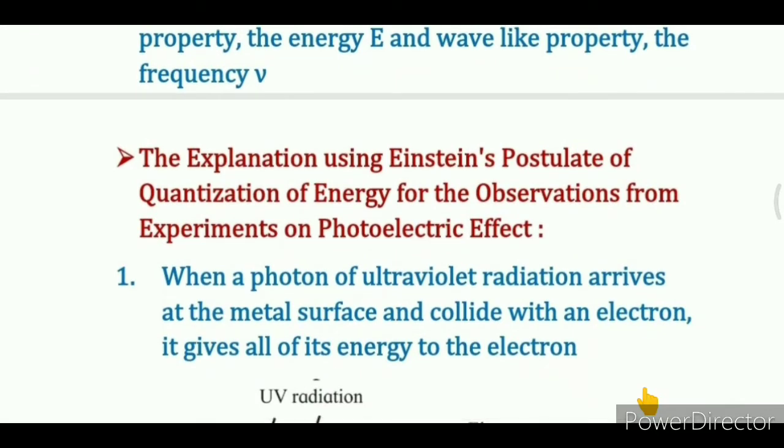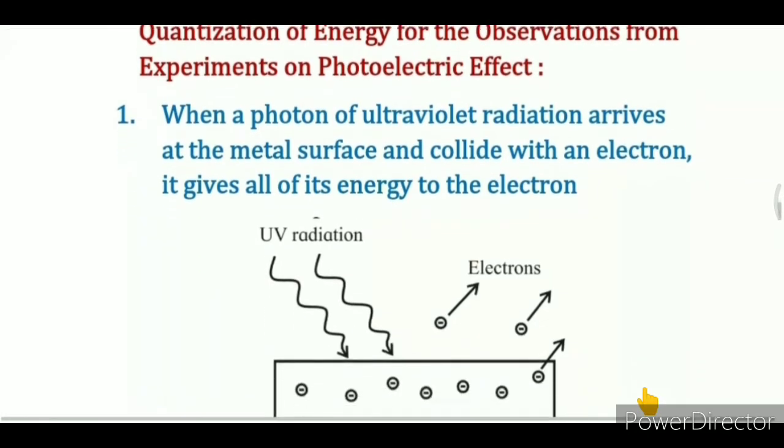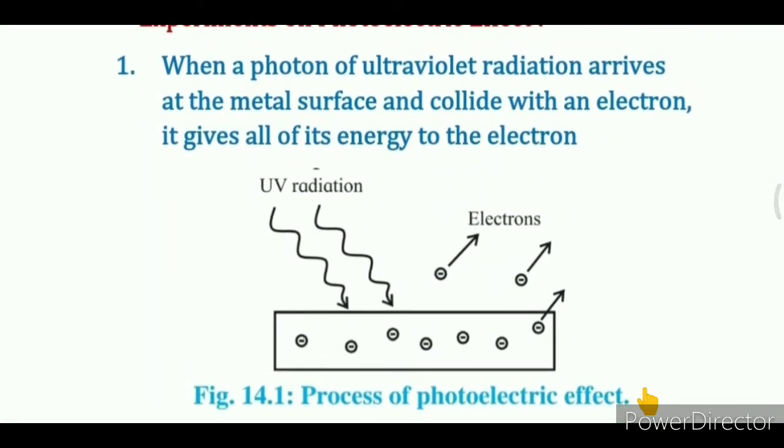Einstein used his postulate: when a photon is incident on a metal surface, it collides with an electron, and all the energy of this photon is absorbed by the electron.